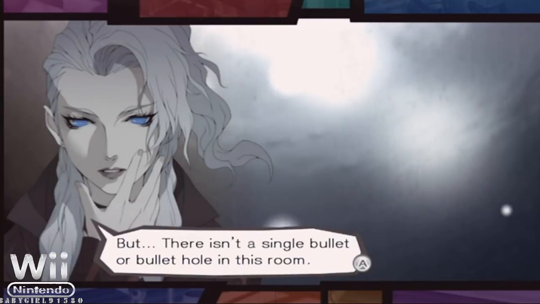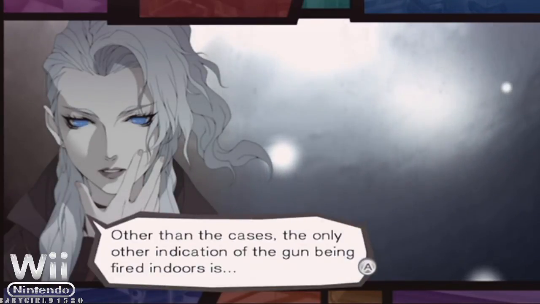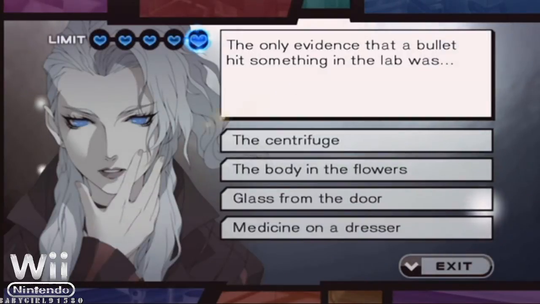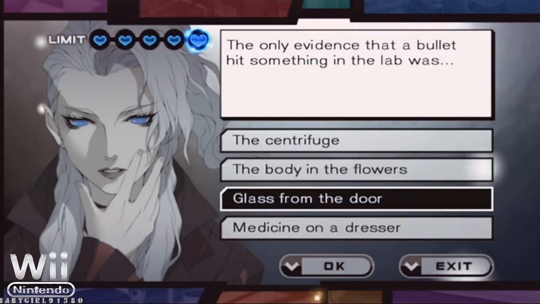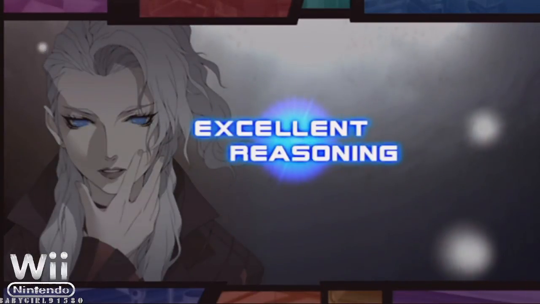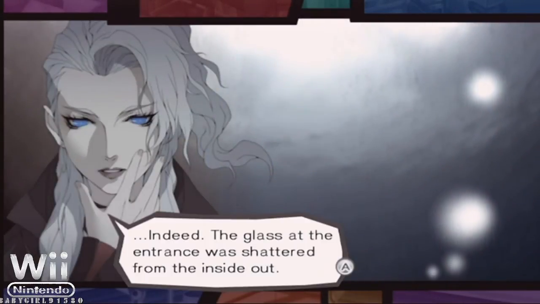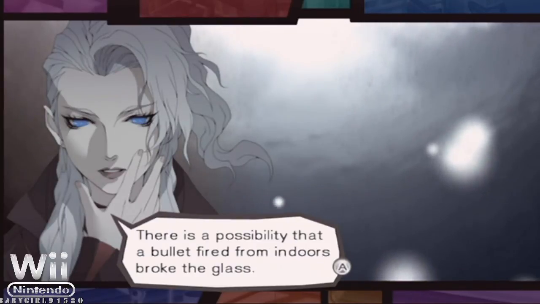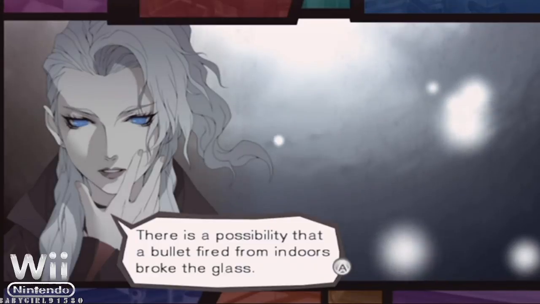But there isn't a single bullet or bullet hole in this room. Other than the cases, the only other indication of the gun being fired indoors is... Indeed, the glass at the entrance was shattered from the inside out. There is a possibility that a bullet fired from indoors broke the glass.